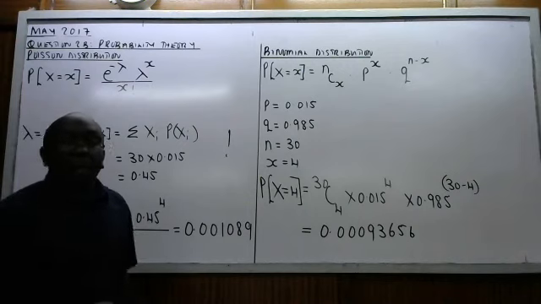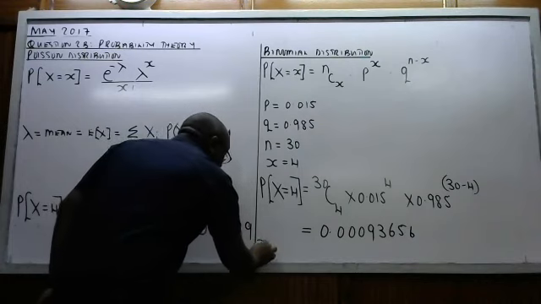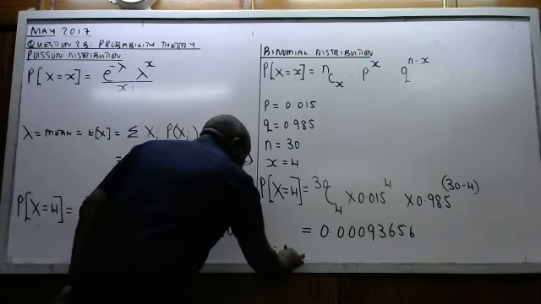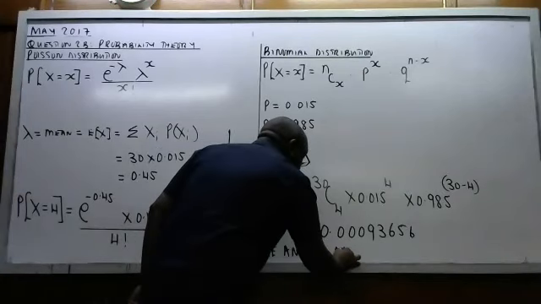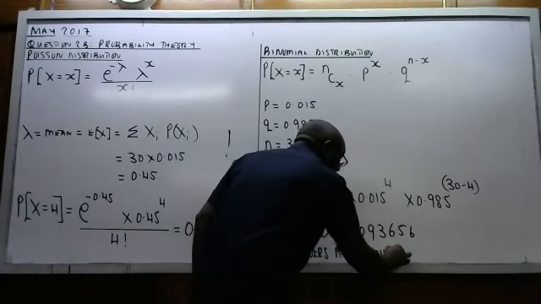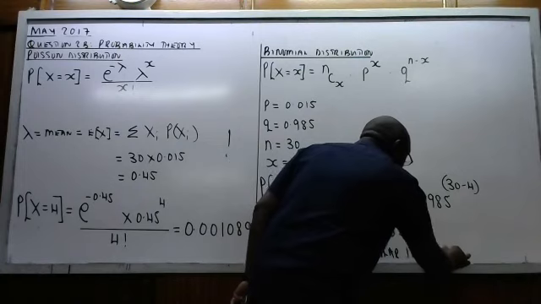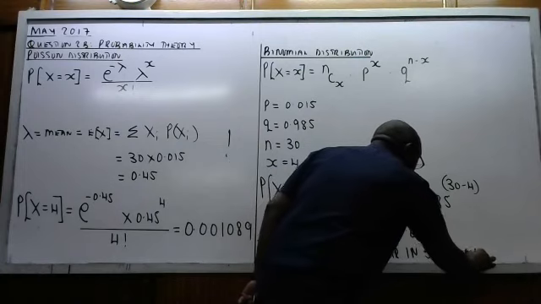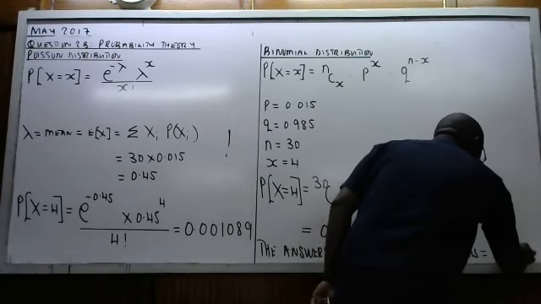So when you are told to compare or comment, you will say the answers are similar in 3 decimals. If you are to express them in 3 decimals, they will be 0.001.